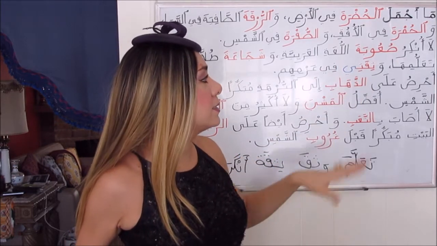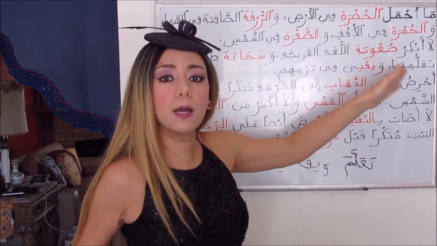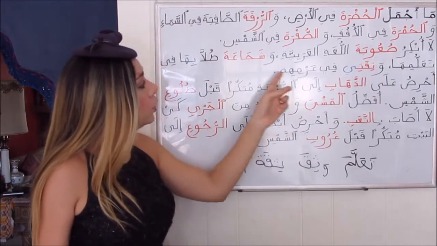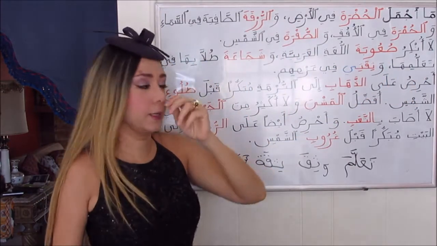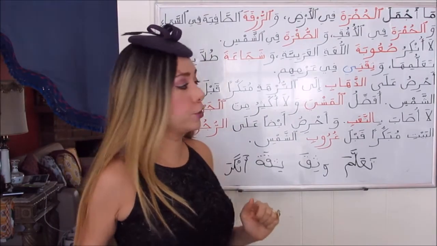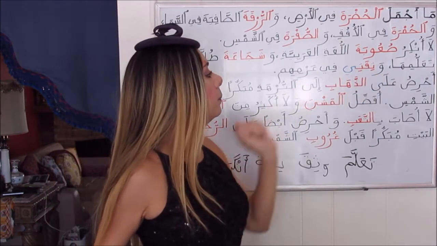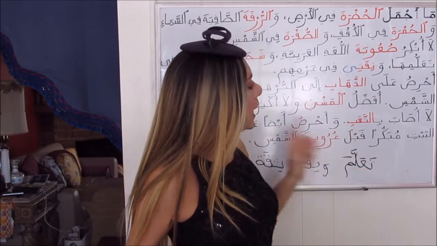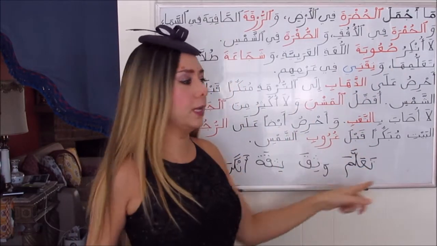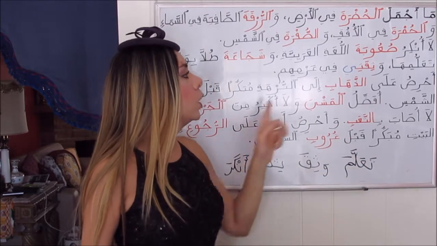Alright? The antecedent does not have to be right before. You have to look back all the way and check. And be careful with the context also. تعلم اللغة العربية. So تعلم is the verbal noun of تعلم, which is not a trilateral verb here.